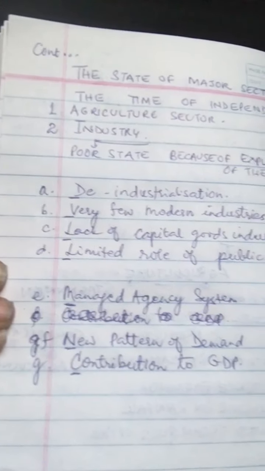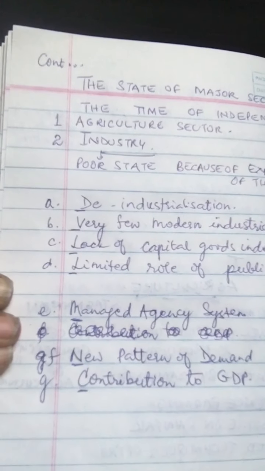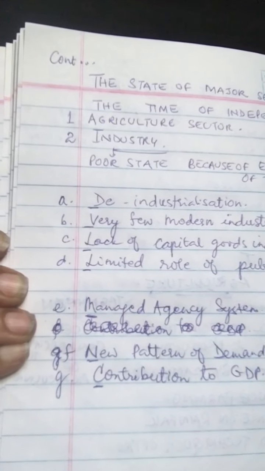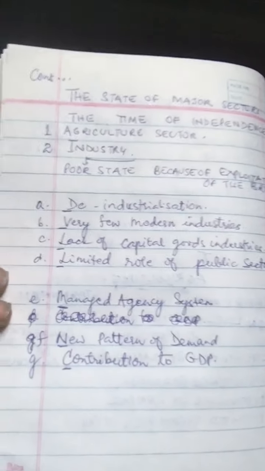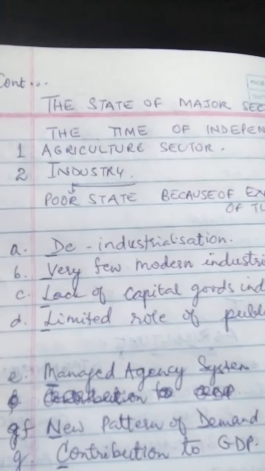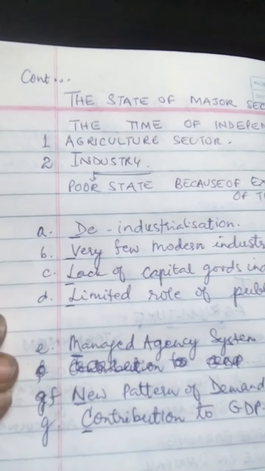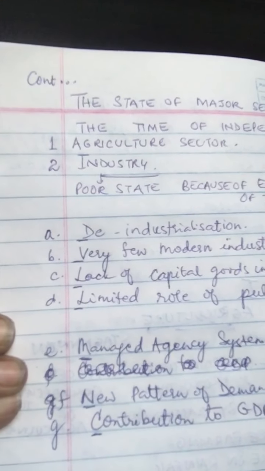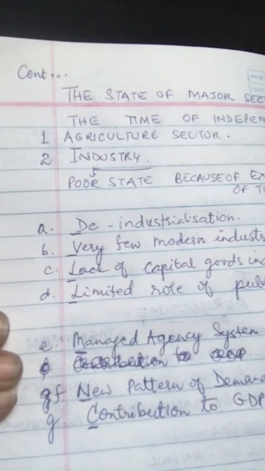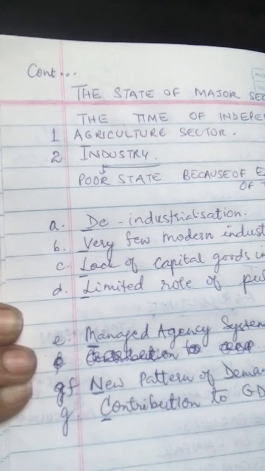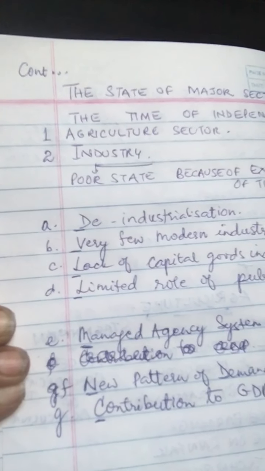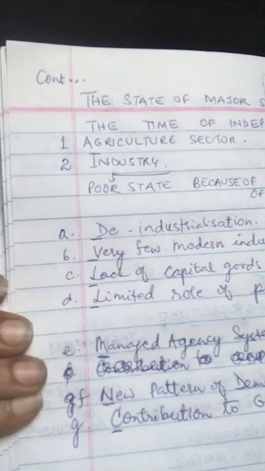So the demand for Indian products came down in favor of British products. That's how Indian industry suffered. And because of this, what happens? C, contribution to GDP. The growth rate of the industrial sector and its contribution to the country's gross domestic product came down, and it became very small.